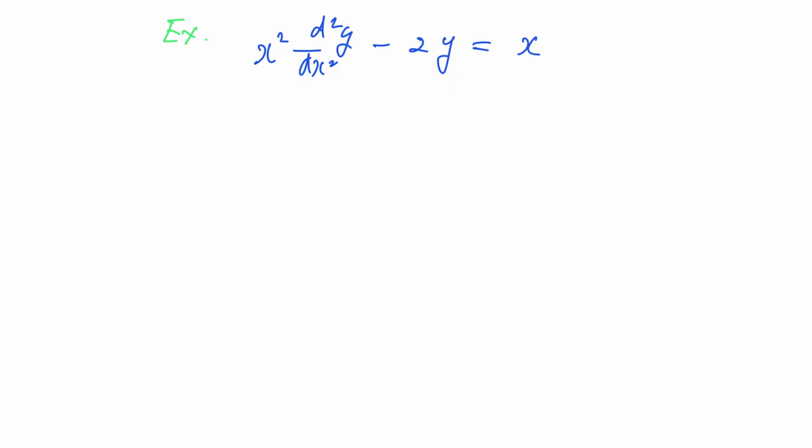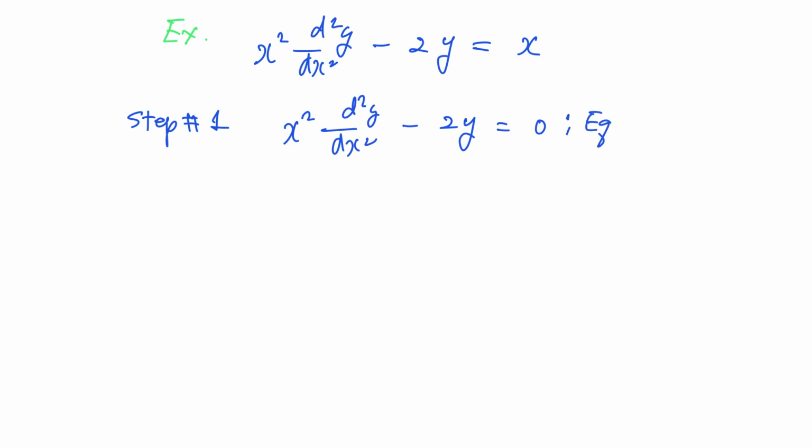So step number one, you find the homogeneous solution: x² d²y/dx² minus ... y minus 2y is equal to 0, right? So this is a typical equidimensional ODE.